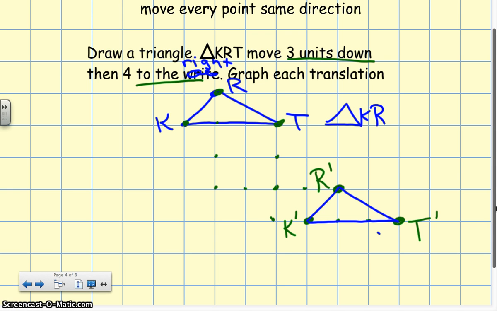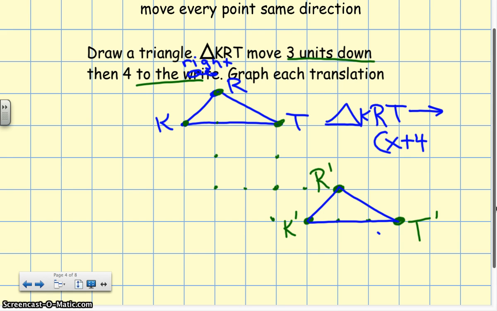So I have a triangle KRT. I'm going to translate. This is a translation. I'm going to take the X that it had. The X moves left and right. And I'm going to add 4, because I'm going 4 units to the right.